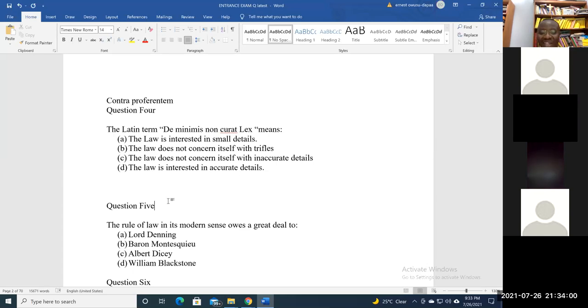I wouldn't go for Lord Denning. Baron Montesquieu? Certainly not. With Montesquieu, you are talking about things like the separation of powers, some aspects of constitutionalism, checks and balances.